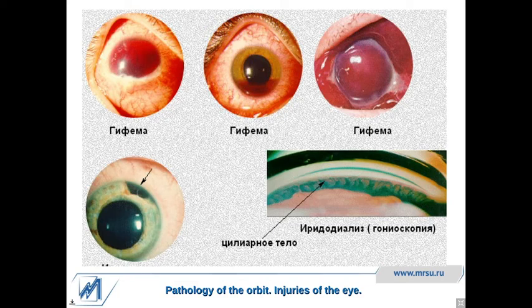It can be damage of the iris, iridodialysis. Here also there can be bleeding, not only in the anterior chamber but in the vitreous body too. And the last, the extremely severe contusion, is damage of all structures of the eyeball.